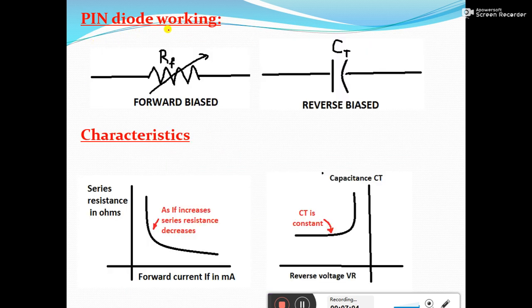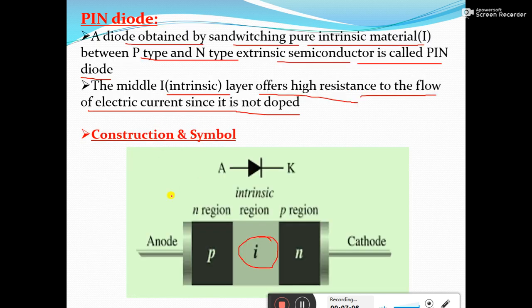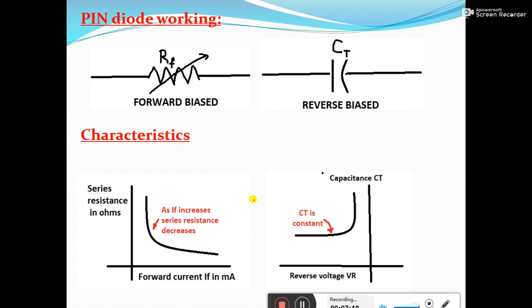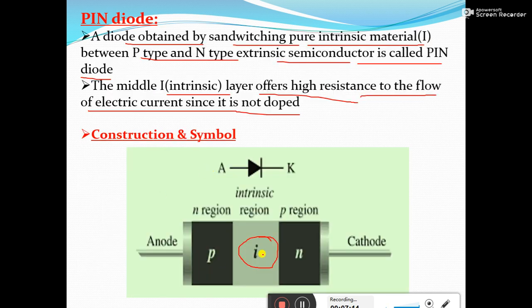We will see its operation when it is forward biased. Forward bias means P is connected to the positive terminal and N is connected to the negative terminal. Here initially the resistance will be high.